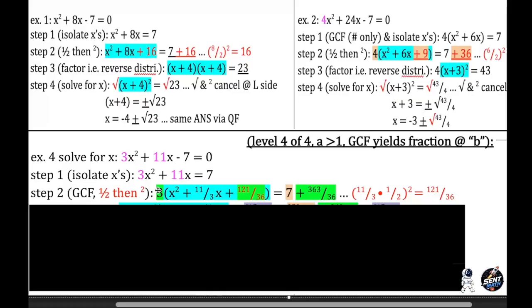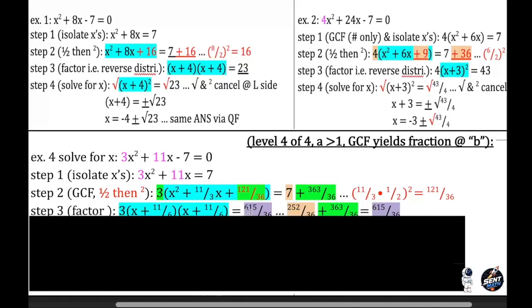You can think of 3 as 3 over 1 and multiply the numerator, 3 times 121, to give you 363. And invisible 1 times 36 gives you the 36. Okay? And then I think that's the hardest part. Now it's just a whole bunch of algebra, combining fractions and simplifying.